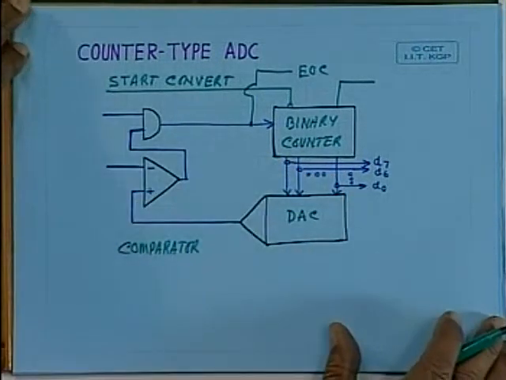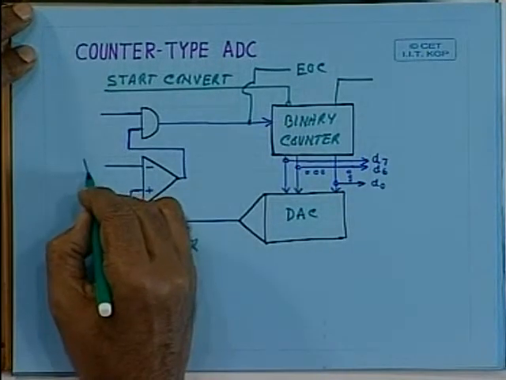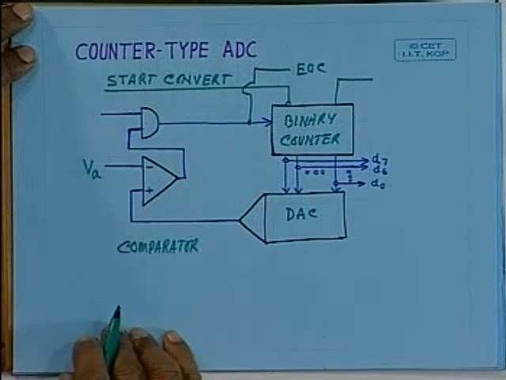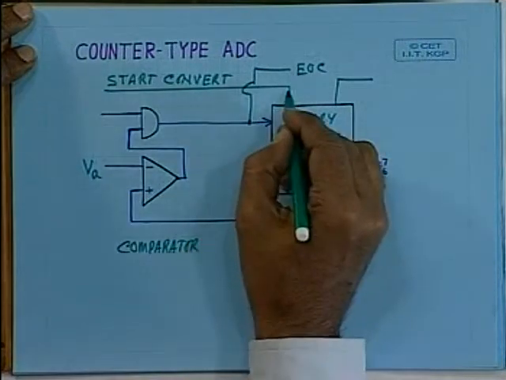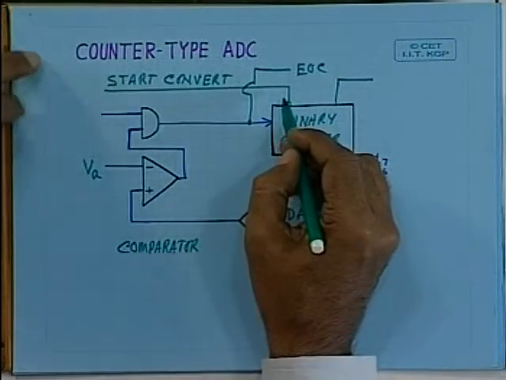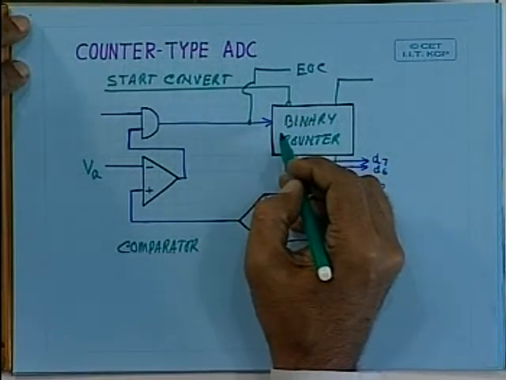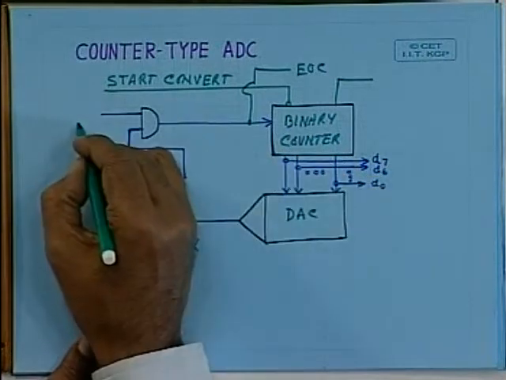Let's see how it really works. This is where you apply the analog input voltage VA. Then we reset the counter, and as it is reset, the count value will be 0. Now we apply the clock here.